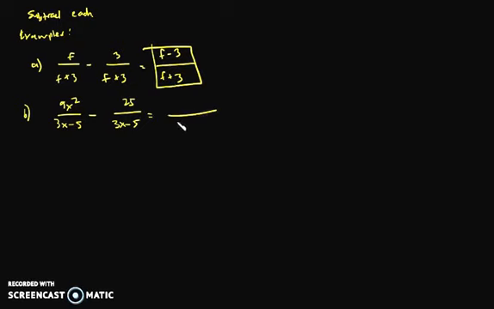First copy the denominator, then subtract the numerators. That gives you 9x squared minus 25. By inspection, you can see that the numerator is a difference of squares, so we can factor it further. That gives us 3x plus 5 times 3x minus 5 over 3x minus 5. We can now cancel 3x minus 5, so our final answer is 3x plus 5.